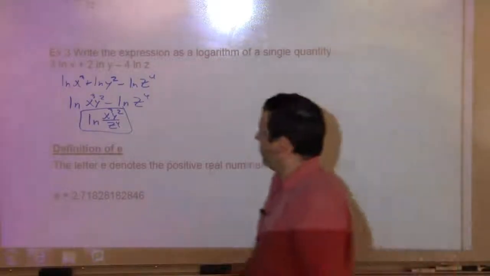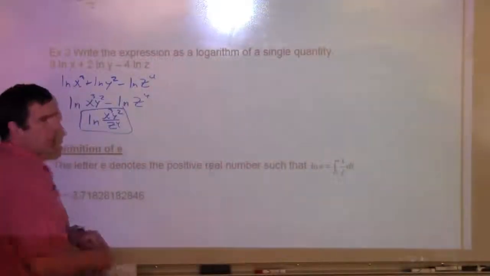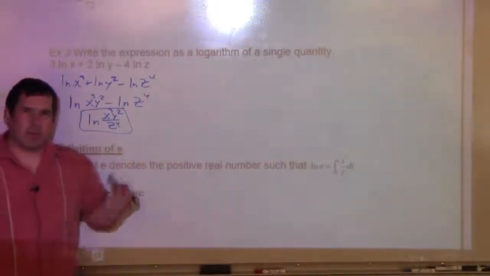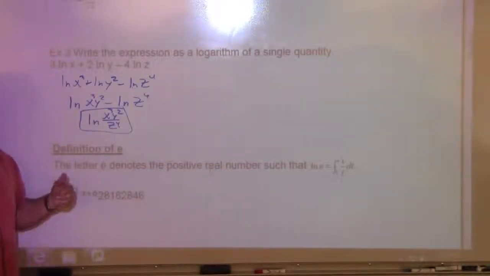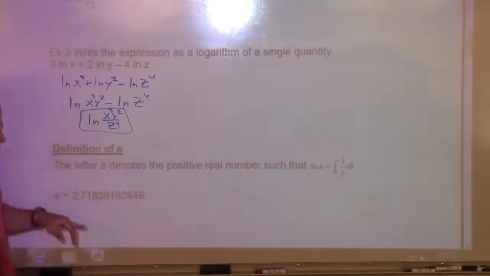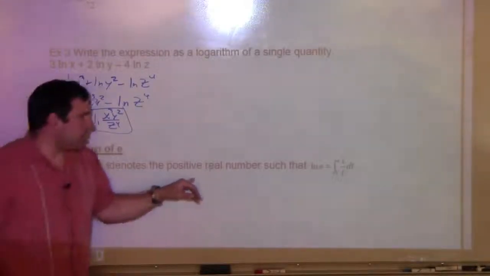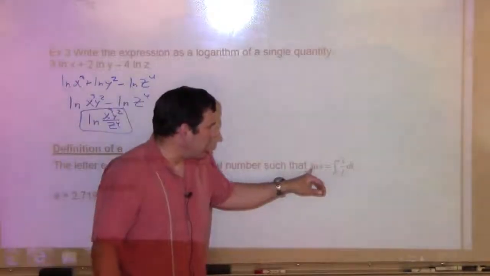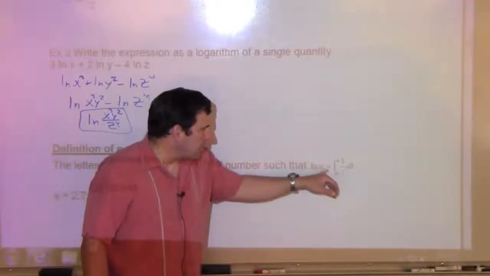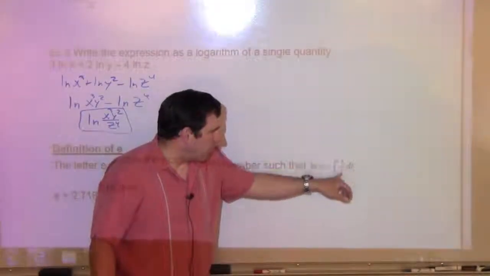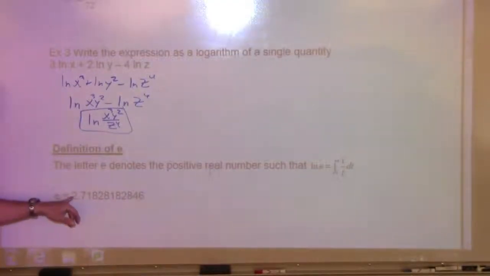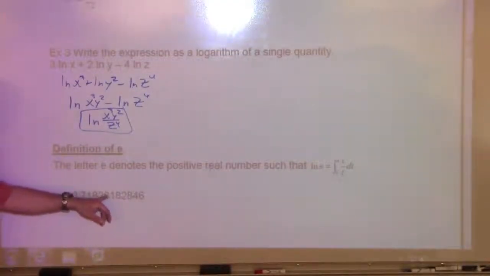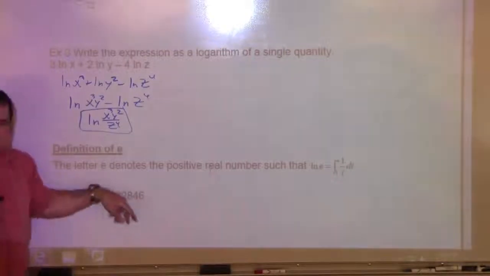Now e, we've talked about e before. You've seen it in your pre-calculus days. You may have even seen it if you took a discrete math class or a finite math class like Math 120, for example. So e denotes the positive real number such that natural log of e is the integral from 1 to e of 1 over t dt. And e is approximately 2.71828182846, and it goes on forever.